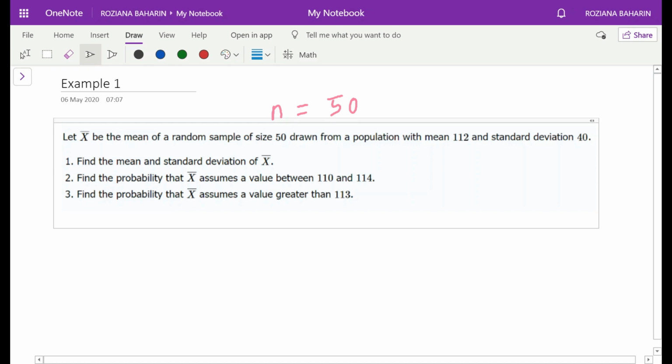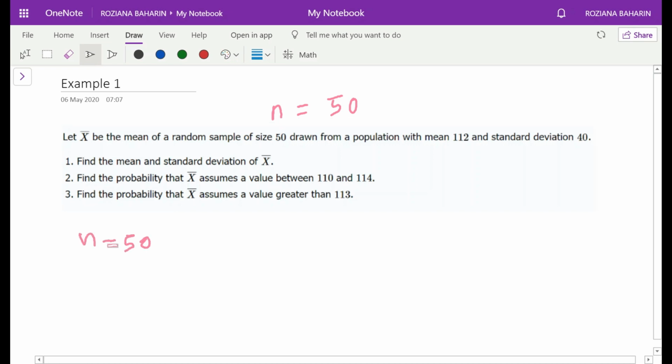Your N is 50, and your mean, which is mu for your X bar, for the sample, equals mu of your population, and it equals 112. And what else do we have here? Standard deviation of 40.